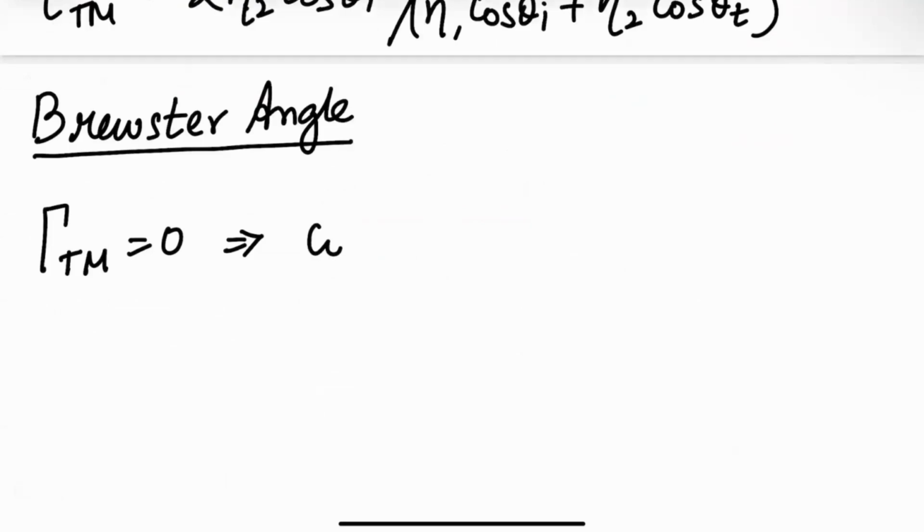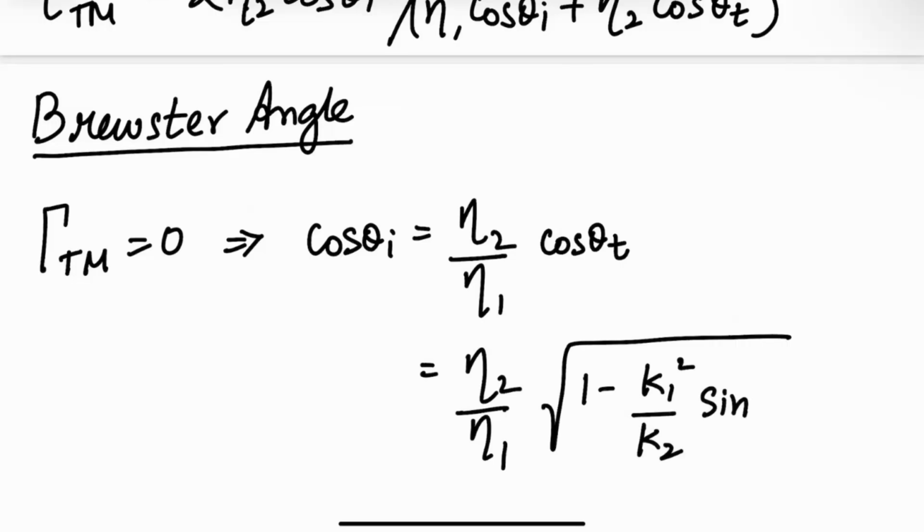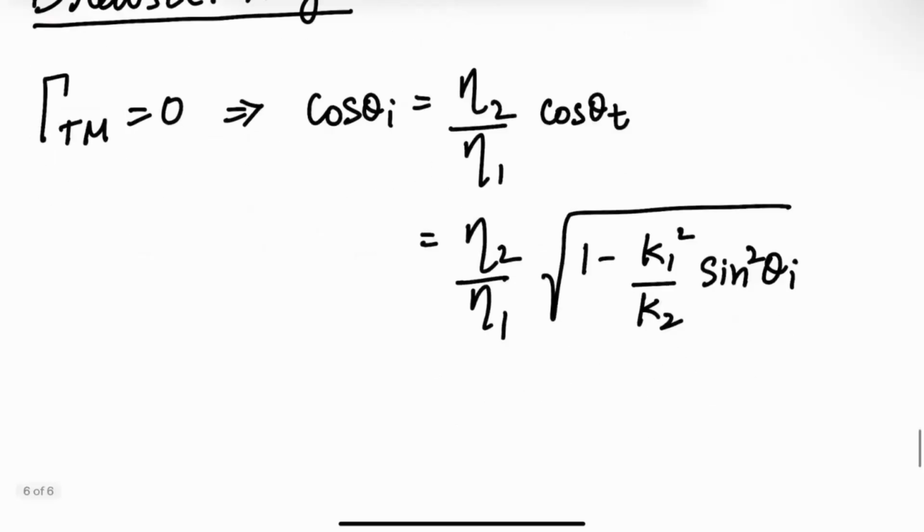I get cosine theta i is equal to eta 2 over eta 1 cosine theta t, which is nothing but eta 2 over eta 1 square root of 1 minus sine square theta t, which is the same thing as 1 minus k1 square over k2 square sine square theta i, right, from Snell's law of transmission.